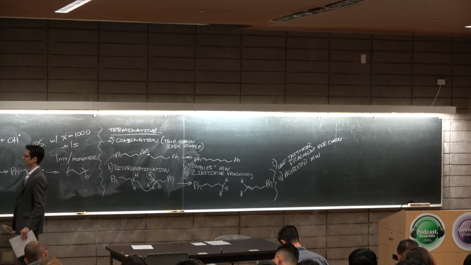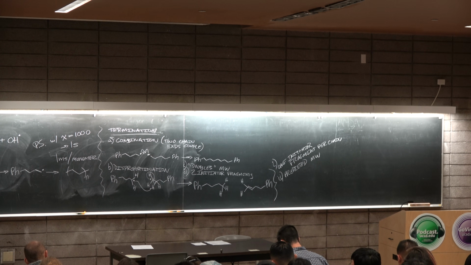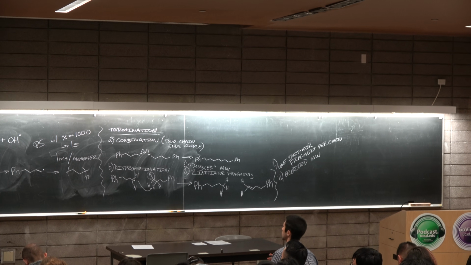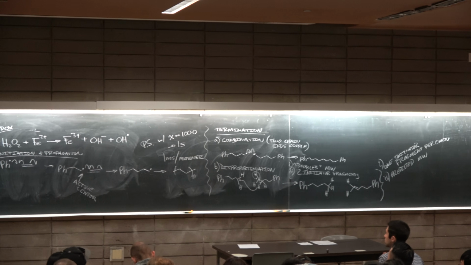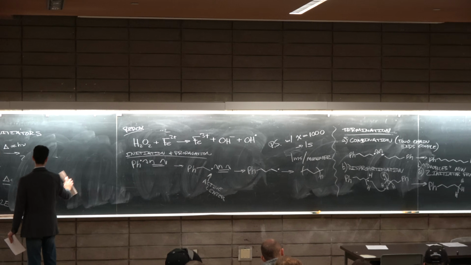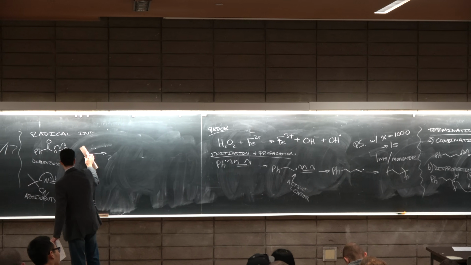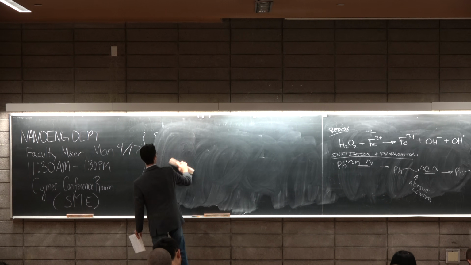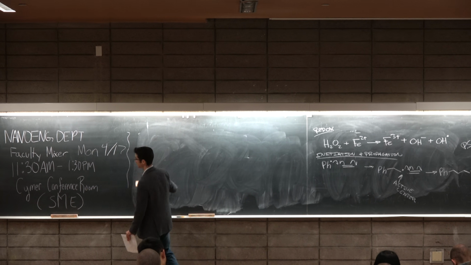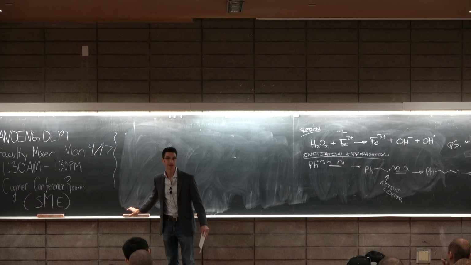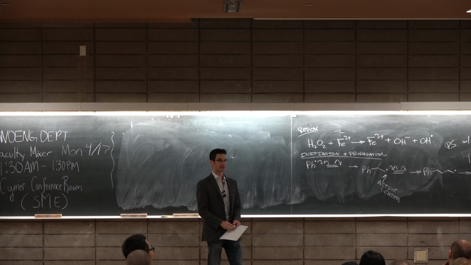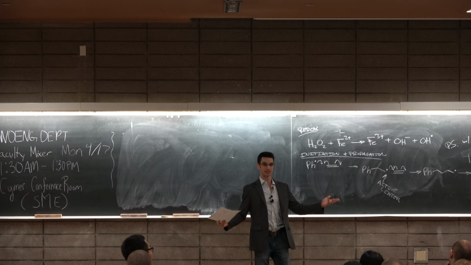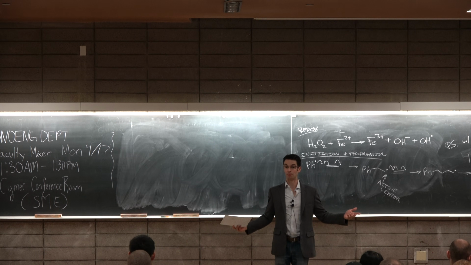Now, we mentioned at the beginning of class that there were different kinds of polyethylene. There was low density polyethylene, which you can get by either having low molecular weight chains, or by branching.